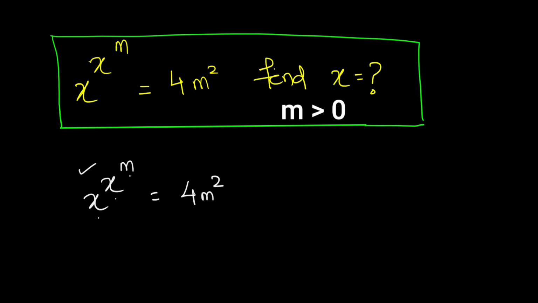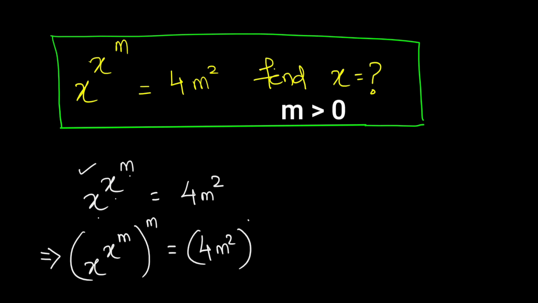So let us rewrite this equation as x to the power m, we have to put 1 to the power m on the left hand side, and the same power m we have to write on the right hand side. Now we know a formula that a to the power m to the power n is equal to a to the power m into n is equal to a to the power n to the power m.